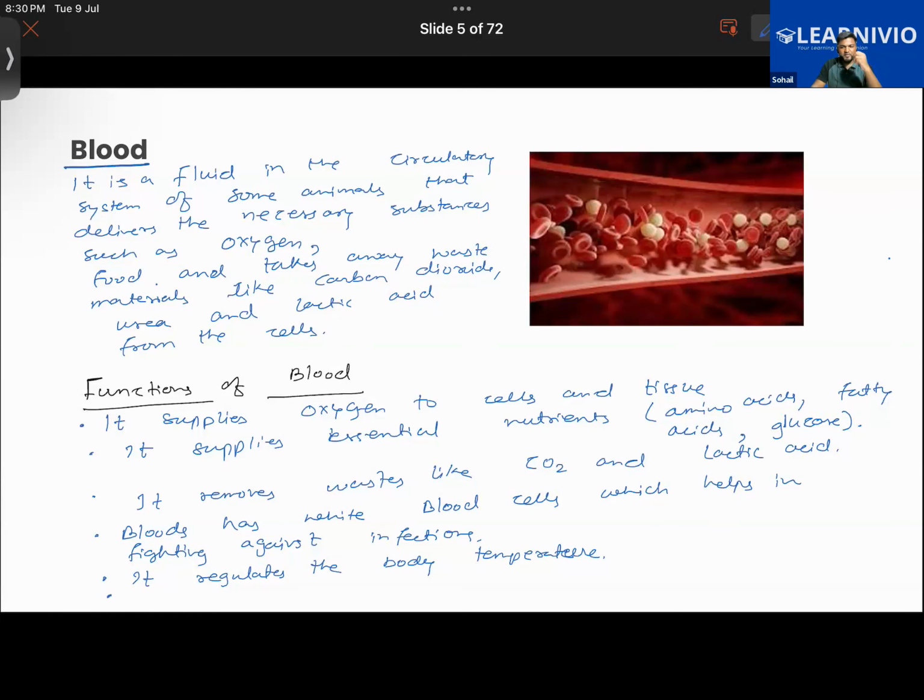In the same manner, when we talk about plants, plants also require essential nutrients from the soil. Plants take different minerals from the soil. So how do they do that? And then, for example, when photosynthesis takes place in the leaves of the plants, glucose is formed.